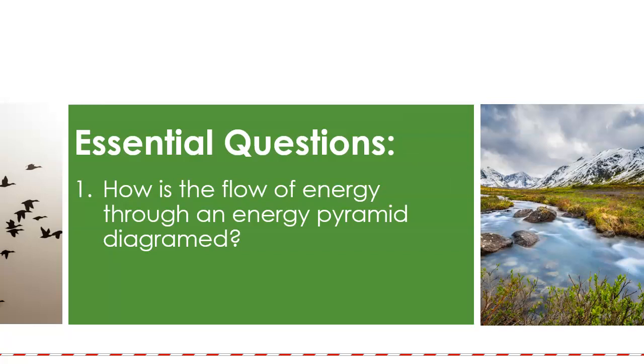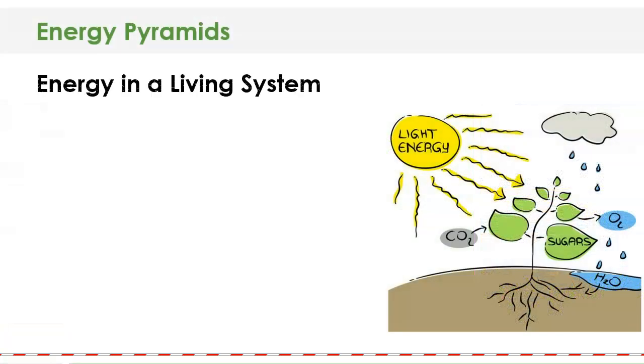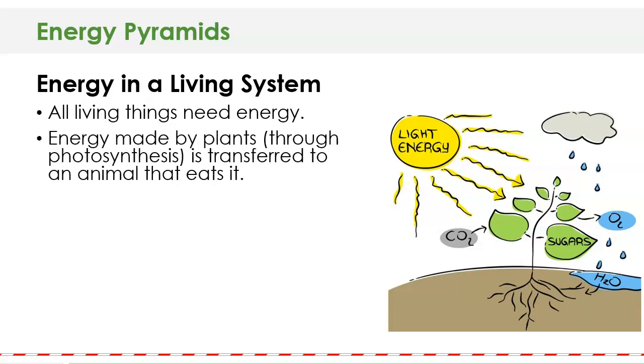So let's start by taking a look at the energy in a living system. Of course, we hopefully already realize that all living things need energy. Once living things stop using energy, they die. So all living things need energy and use energy.